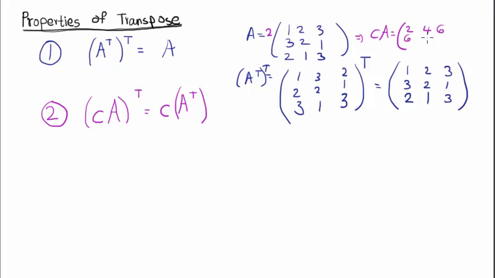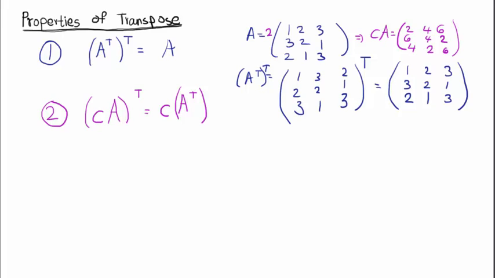There will be 6, 4, 2, and then the next one will be 4, 2, 6. Right? If I take the transpose of this, that's the same thing as saying just take the transpose of the first matrix, A, without the constant multiplying, and then multiply by the constant. Right?